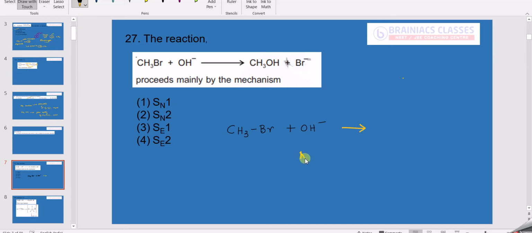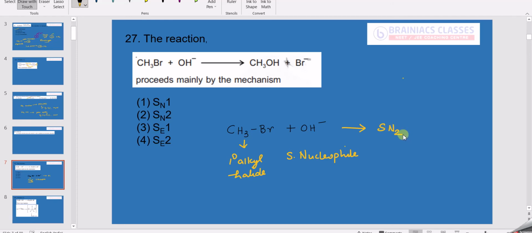OH minus is given, so it is a strong nucleophile. Other important thing is you are given an alkyl halide. What sort of alkyl halide is this? This is a 1 degree alkyl halide. So tell me, 1 degree alkyl halide and a strong nucleophile, what is the mechanism that will be followed? Can anybody tell? SN1 or SN2?